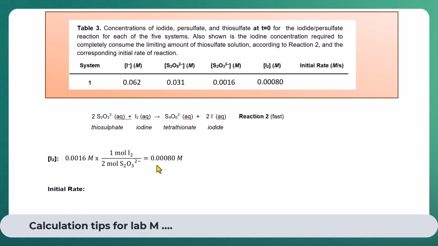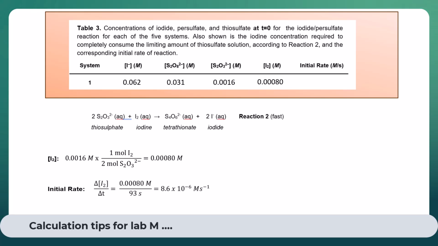Now, in fact, this represents a change in concentration, because the idea is that originally we had 0 concentration of iodine, and this amount was generated. So this is the final concentration, and subtracting out 0, we end up with this number. The time it took, in this particular case, we saw was an average of 93 seconds.